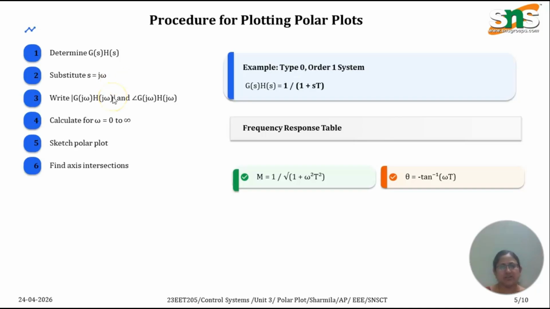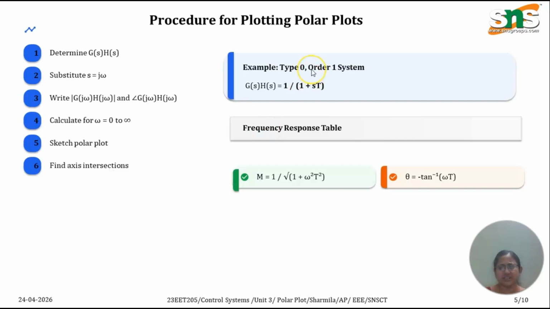Step 3 is to find the magnitude and phase response, that is the magnitude of G(jω)H(jω) and the angle of G(jω)H(jω). Step 4, calculate values for different frequencies from ω equal to 0 to infinity. Step 5, sketch the polar plot, that is plot the values in polar coordinates. Step 6, identify the important points such as axis intersections.